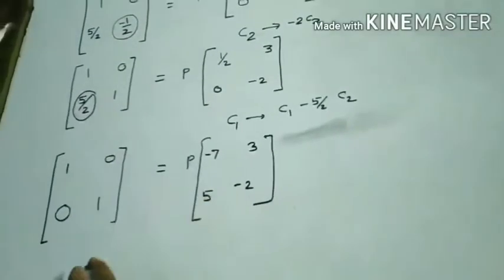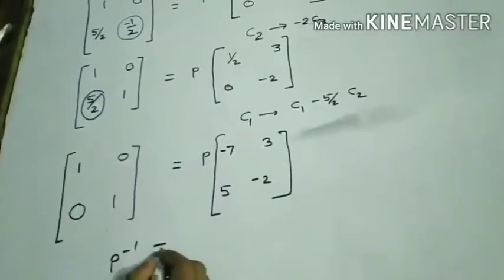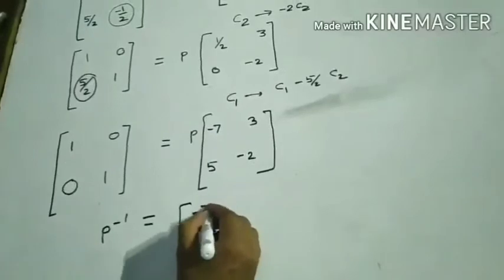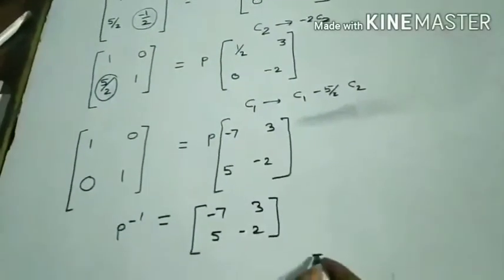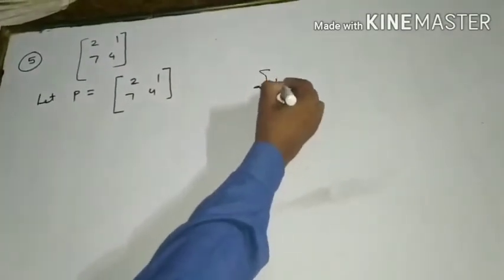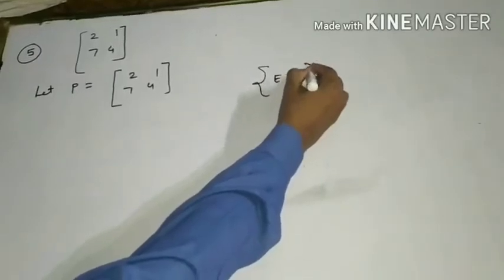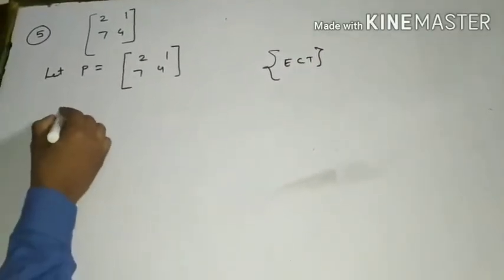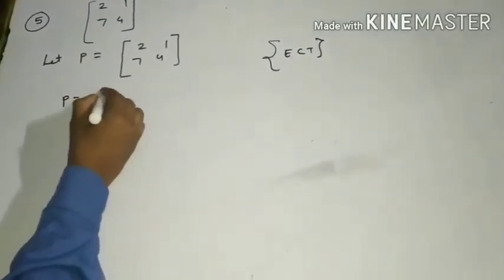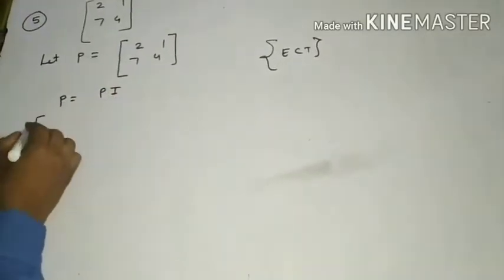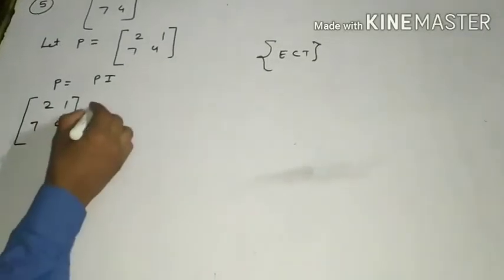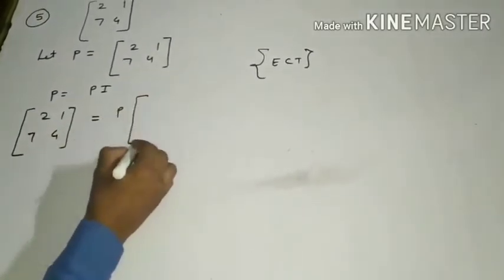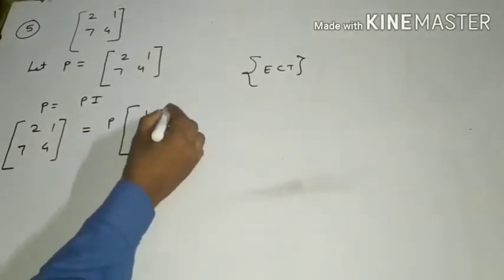So the inverse of P, P inverse, is equal to minus 7 3, 5 minus 2, and 1 7 4 2, and here again we are going to apply an elementary column transformation. Then P equals P, here this is 2 1 7 4, and this is equal to P, here 1 0 0 1.